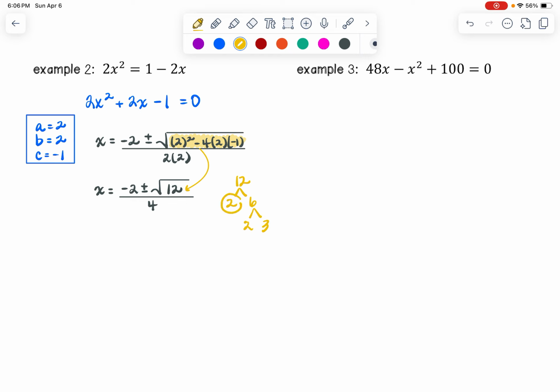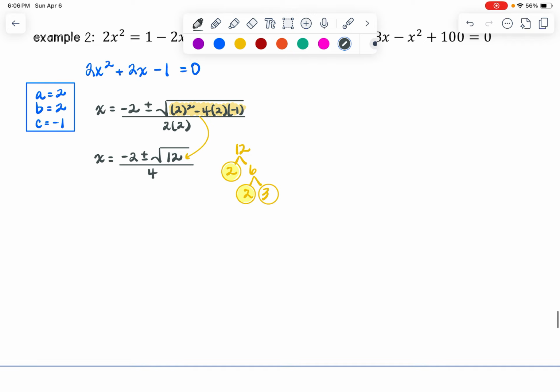And when you notice that you get a pair of 2's, we definitely have a pair of 2's that we can take out. So my answer actually becomes, I'm going to bring everything else down, negative 2 plus or minus, but my square root of 12 is going to become 2 square root 3, and then all over 4.